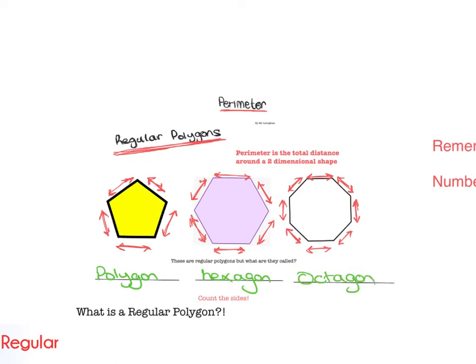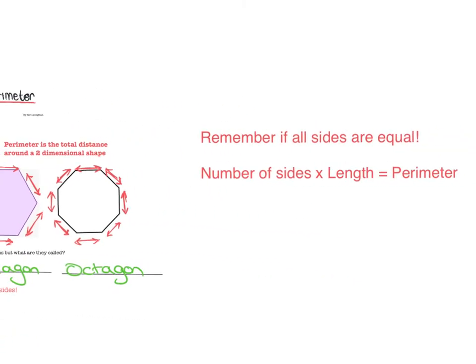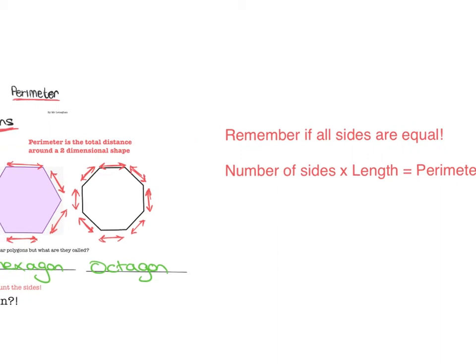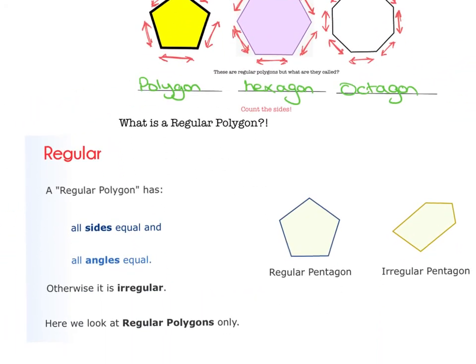And there's always an easy trick to remember. Perimeter for regular polygons, which means all the sides are the same. Just remember, if all the sides are equal, the number of sides times the length of the side equals perimeter. So what is a regular polygon?